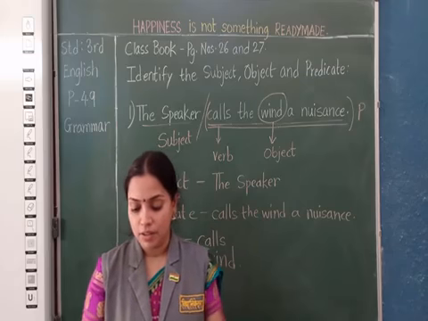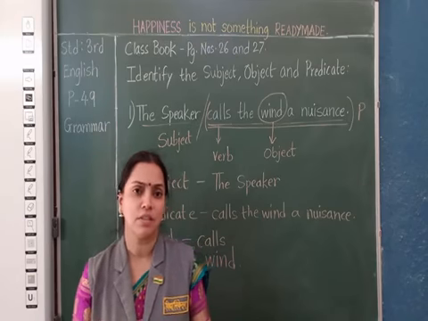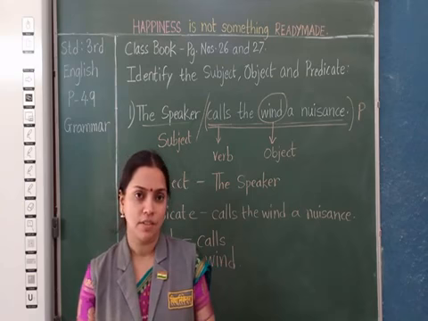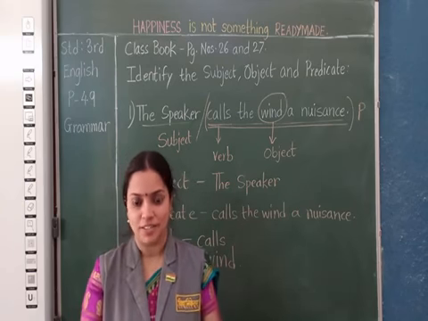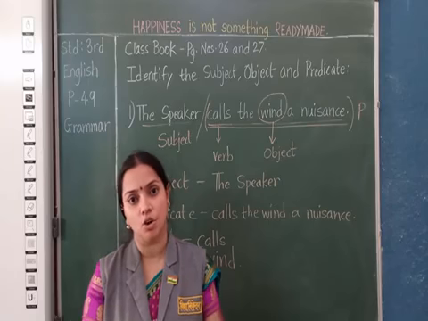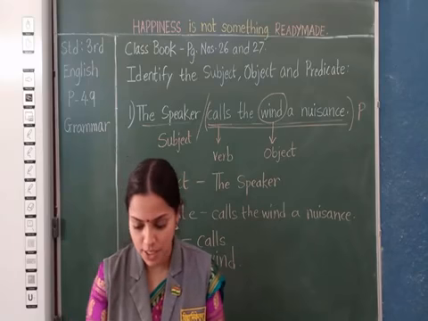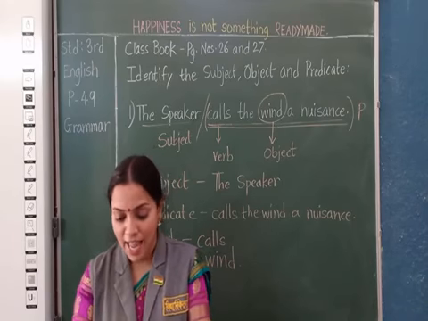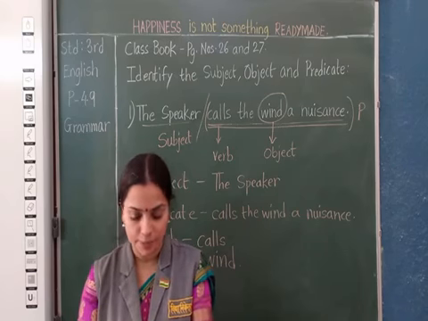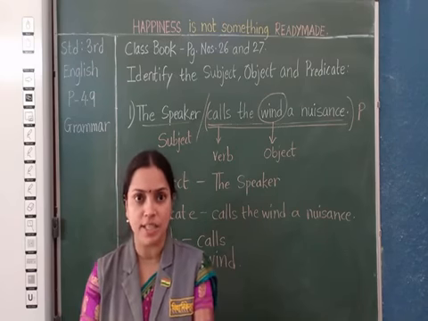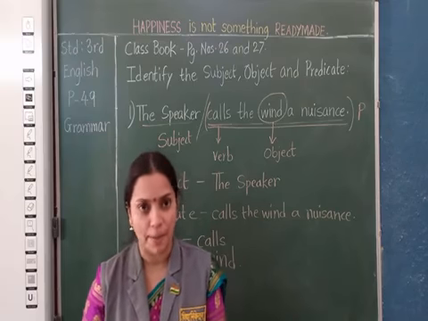And a lot of damage too. So here what is the object? It is damage. The word damage is the object. Okay, so in this sentence wind is our subject and can cause a lot of damage too. This whole thing is our predicate. Can cause is verb and the object is damage.